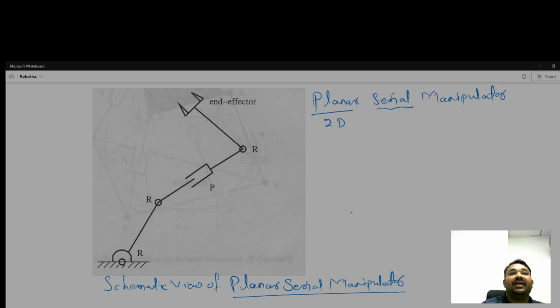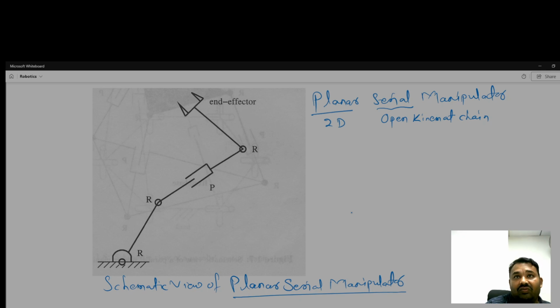Serial means all the links are connected by joints in a series. Or you can also say an open kinematic chain, because the end is not connected to any other mechanism or linkages. It is open to interact with the environment, for example capturing some object.